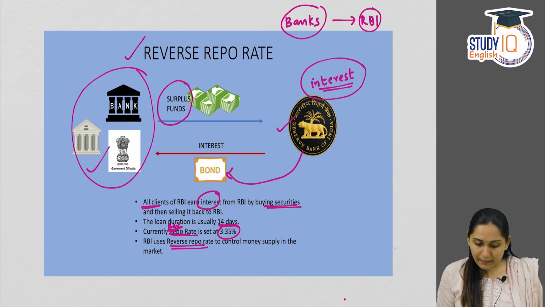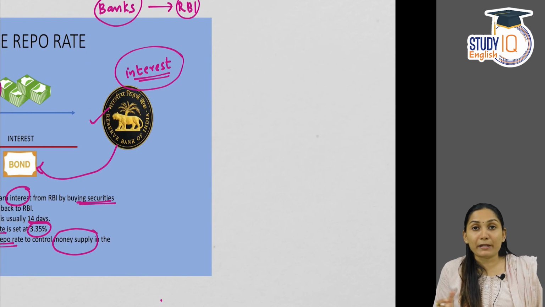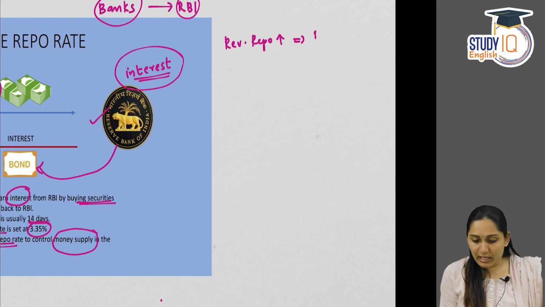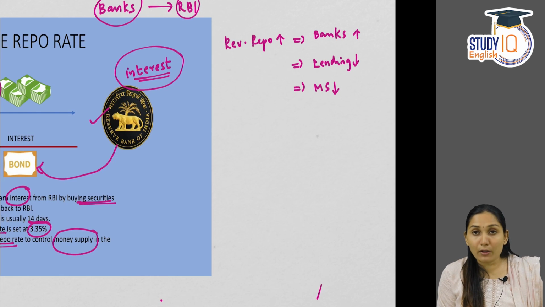RBI uses reverse repo also to control money supply in the market. Let's see how. It's easy because you already know how repo rate is used. So when the reverse repo rate is high, banks will park more money with the RBI, which means that the lending capacity of banks is less. When the lending capacity is less, money supply will reduce. Exactly the opposite happens when the reverse repo rate is reduced.